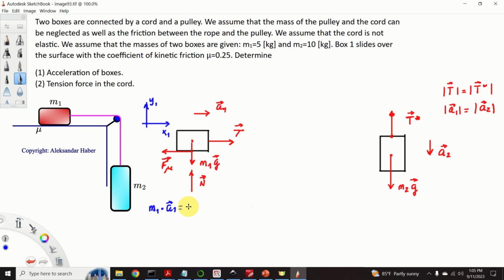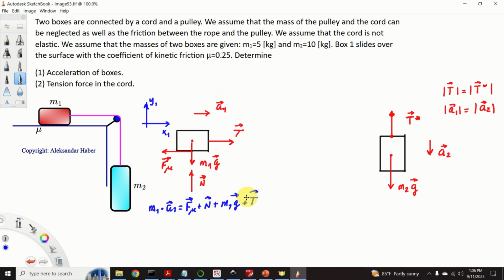We have obviously F mu, then we have N, then we have M1g, that is the weight of the box, and finally we have T. And note over here that this is a vector equation. That's why I have plus signs over here. Later on, I will project this vector equation onto axes x1 and y1 to obtain scalar equations.